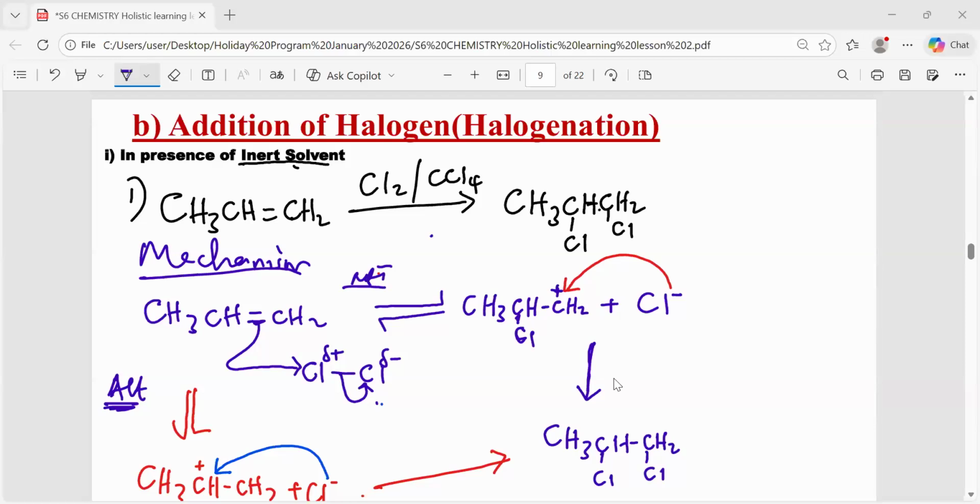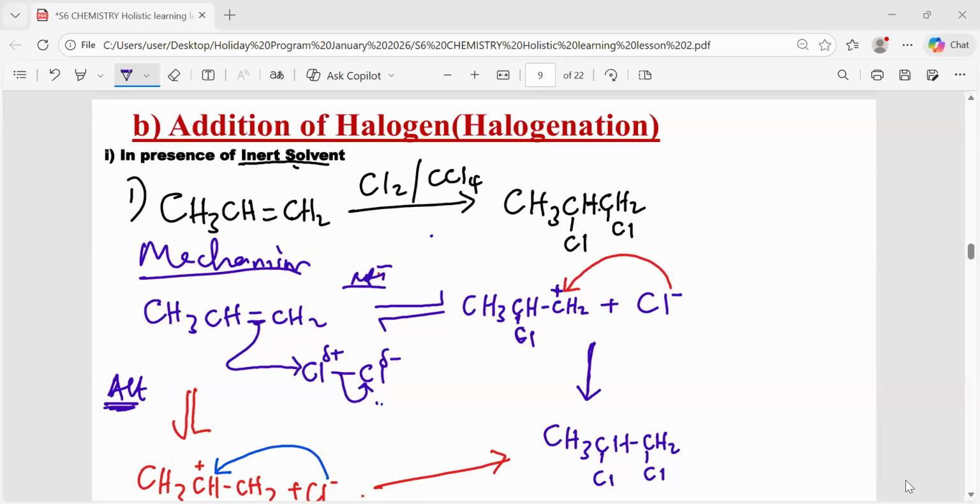Is it compulsory that the inert solvent should be carbon tetrachloride? It's not compulsory, but that is the common inert solvent that is used. If we have another inert solvent, we may apply it.